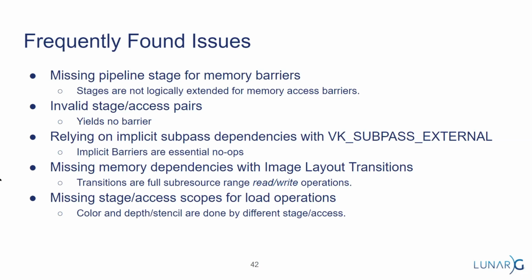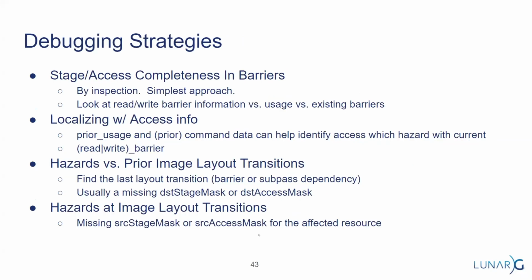And then notice that there are different stages for the load and store operations for depth stencil and for color attachments. So someone will go, well, I've got a barrier for my color attachment stage, so that should be enough. Well, if you're also doing a layout transition or a load for a depth stencil stage and you didn't defend against that, then you're going to get a validation error there.